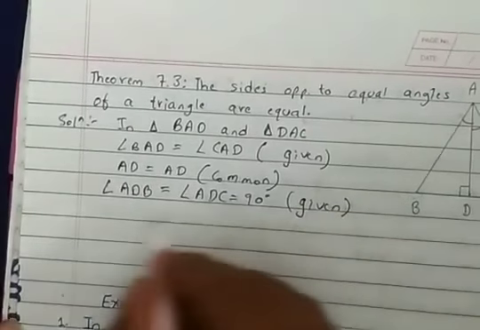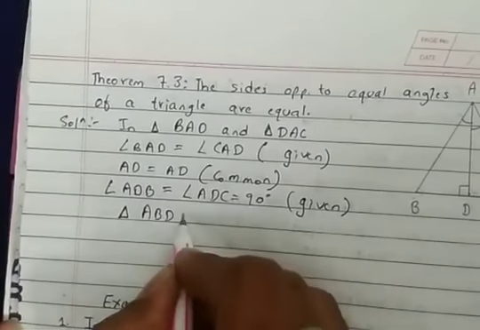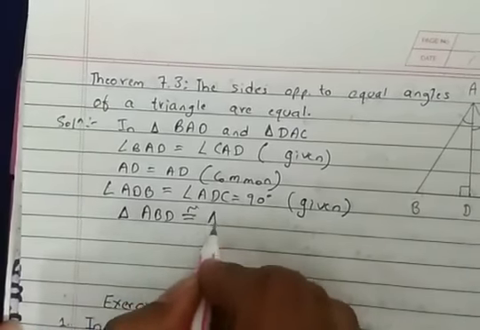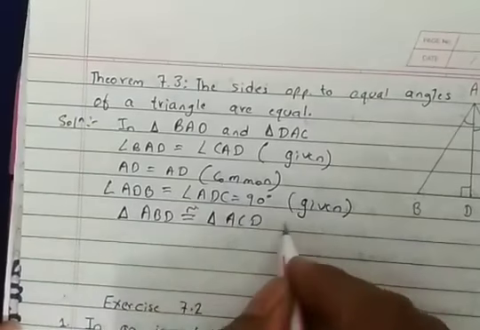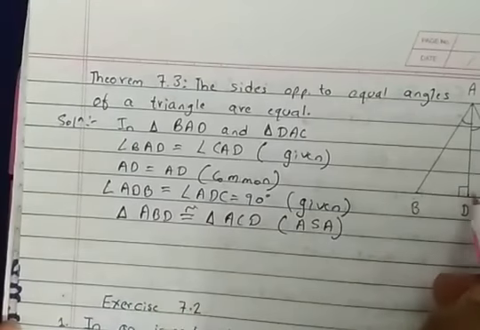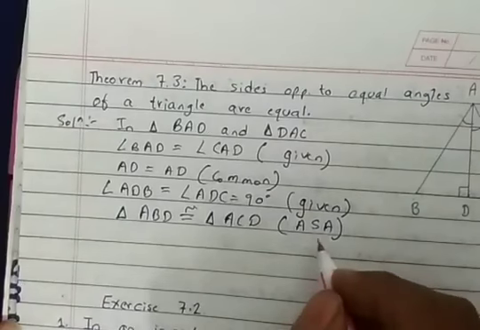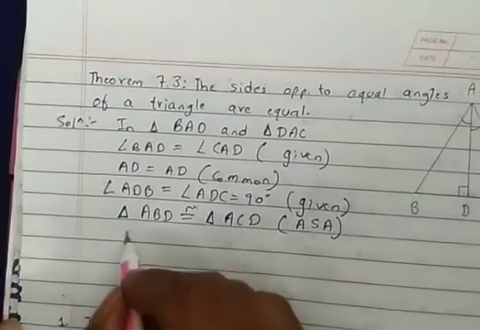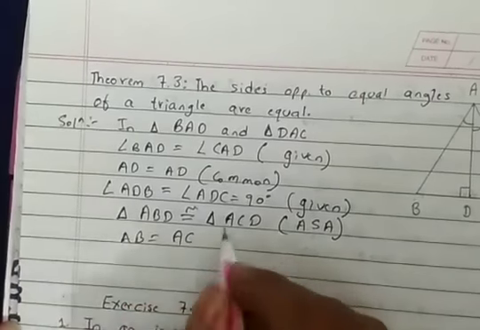Okay, now we can say that triangle ABD is congruent to triangle ACD. How can we say that? Because of angle side angle, right? This is the angle, this is the side common, and this is the angle. So by angle side angle we can say. We can also say that AB is equal to AC. How?